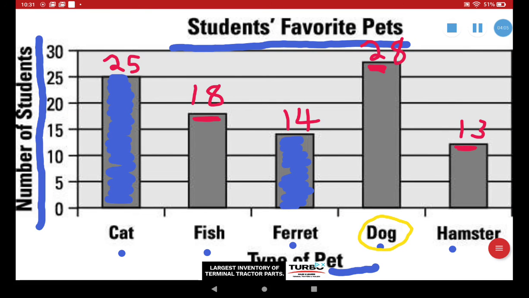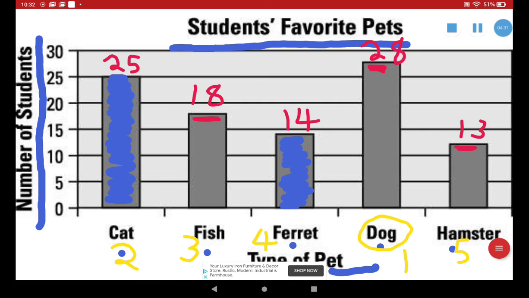Dog is the most favorite. What's the second most favorite? Cat. So dog is number 1, cat is number 2. What's the third favorite? Very good, fish. Fourth favorite? Ferret. And the least favorite? Hamster.